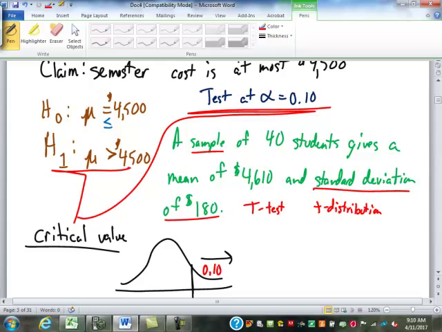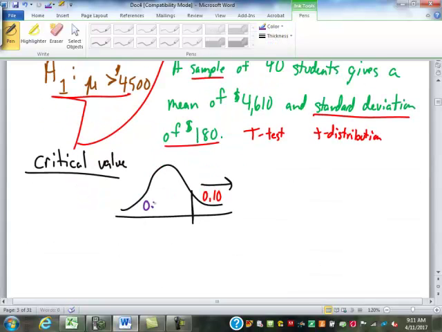So we know that probability in that tail is 0.10. What that means is the probability on this side has to be 0.90, 1 minus the 0.10, because remember, the whole area under that curve is 1. So what we're looking for is the t-score that corresponds to that 0.9 probability to the left of that mark.